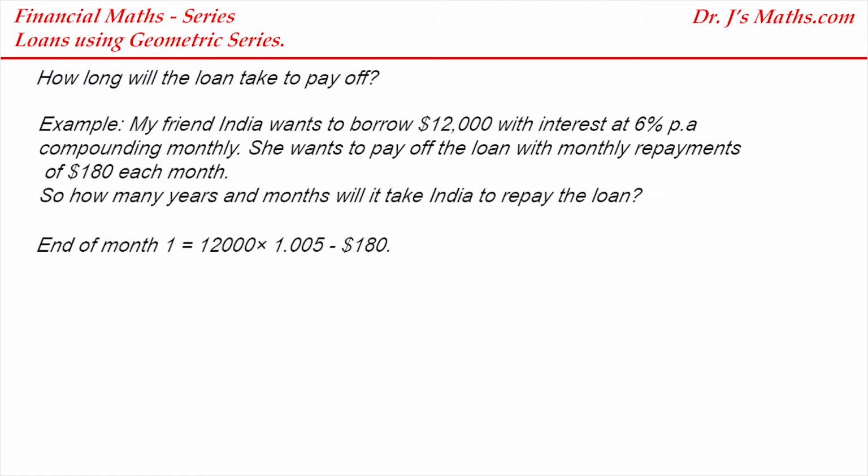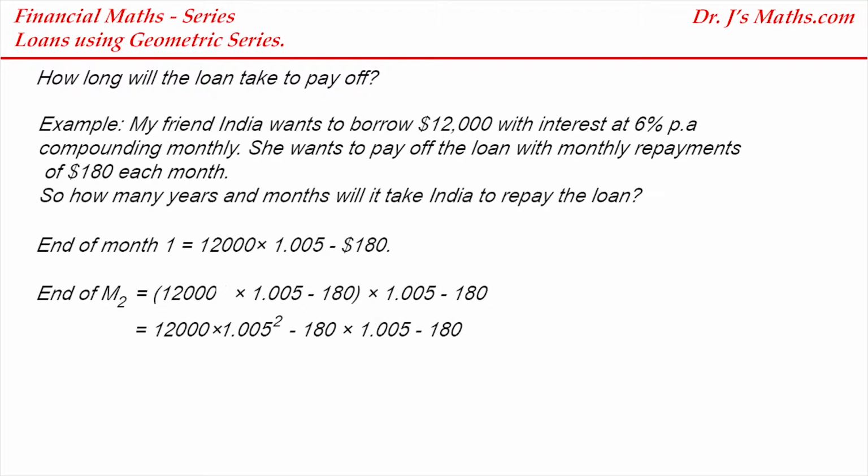Well, at the end of month 1, she borrowed the $12,000. She has interest owing on that, so multiply by 1.005, and she makes her repayment of $180. Same thing as usual. End of the second month, she's got all the end of month 1 outstanding, so (12,000 times 1.005 minus 180) times 1.005 minus 180, she pays interest on that, and then another repayment.